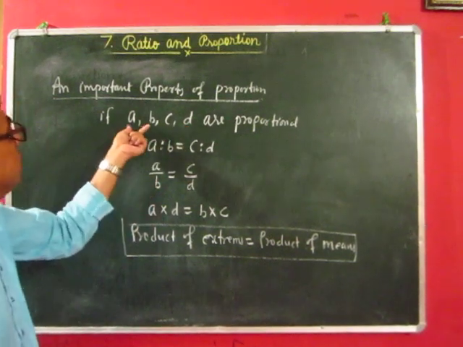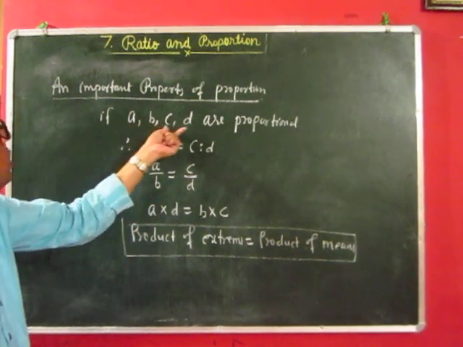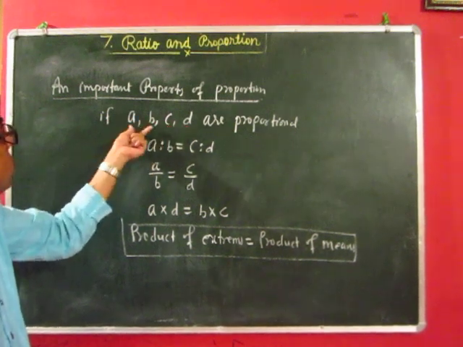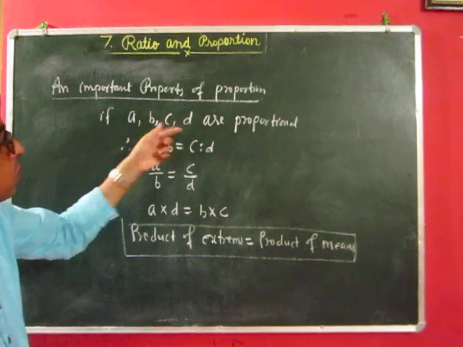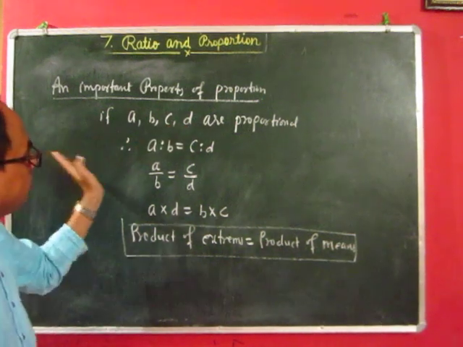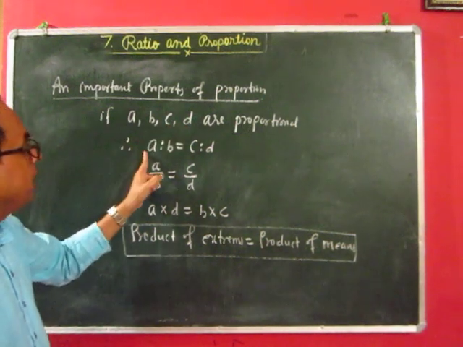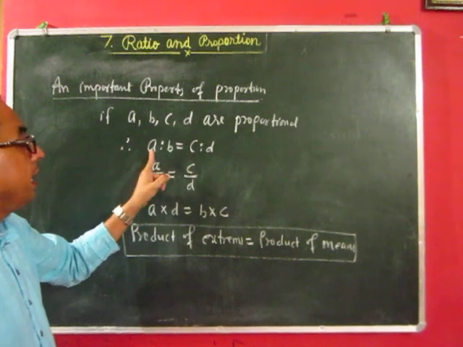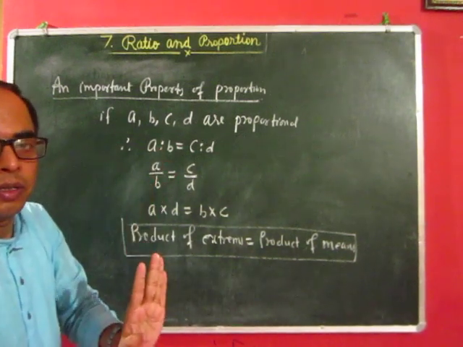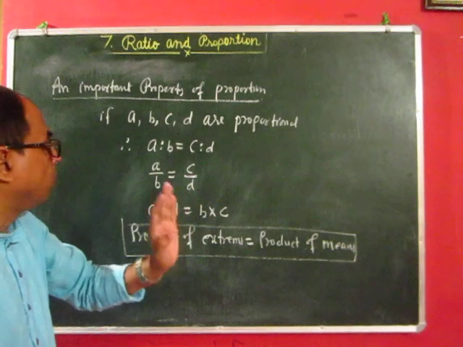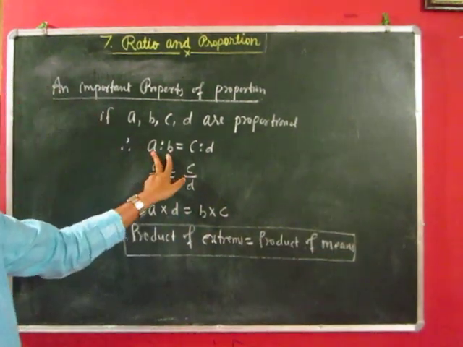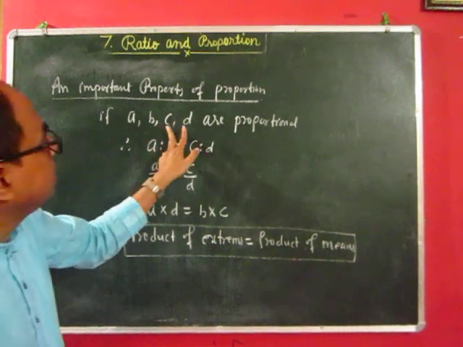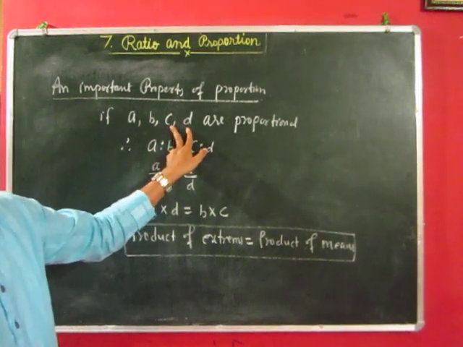For example, these two may be speed, these two may be time, or distance.